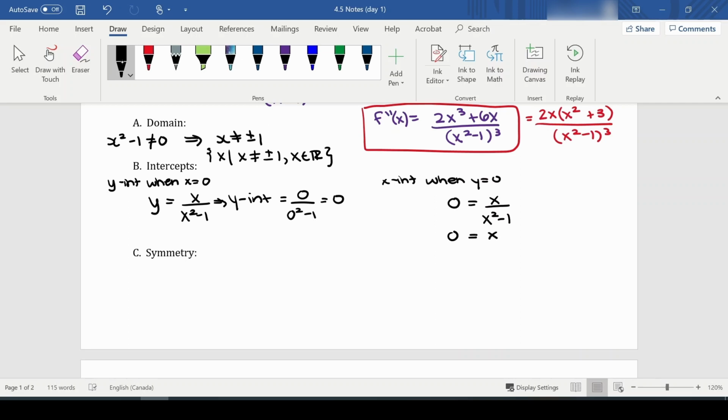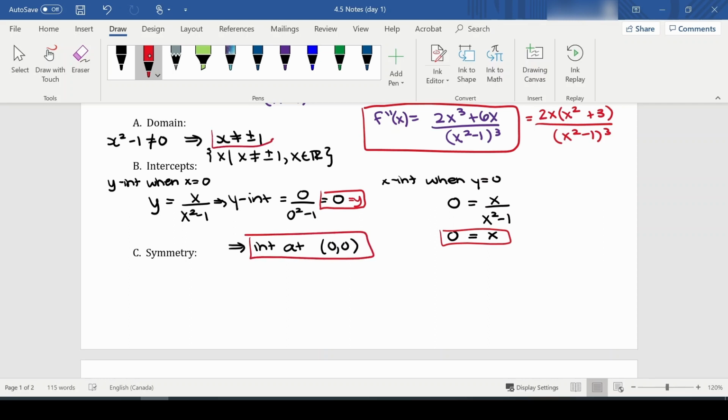So your x and y intercept are both at 0. What this means is our intercept is at the origin. So we have x can't be plus or minus 1. We have an intercept at the origin.